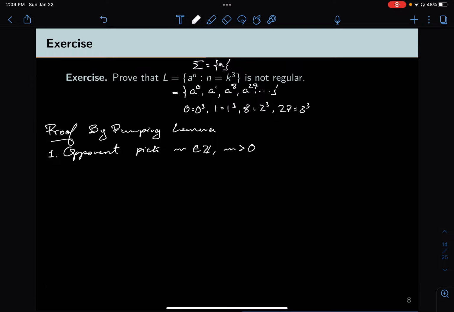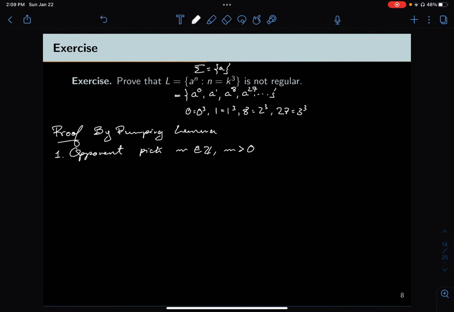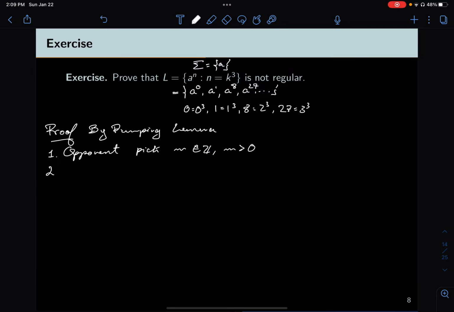Now what we need to do is pick a particular string w in L. The only requirement for the string w is that it has to have length at least m.